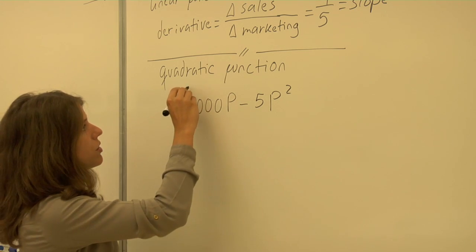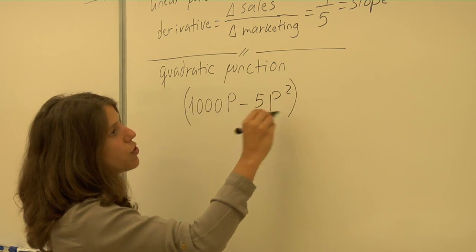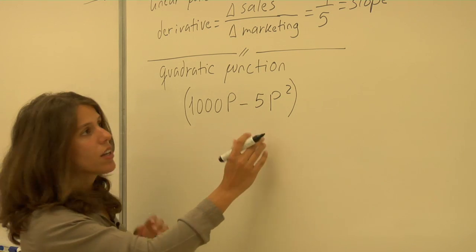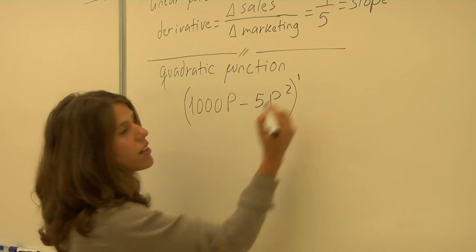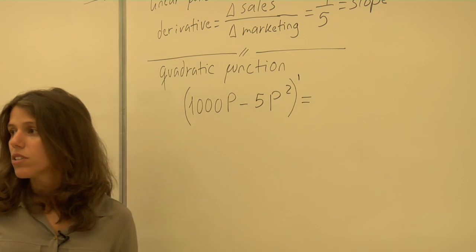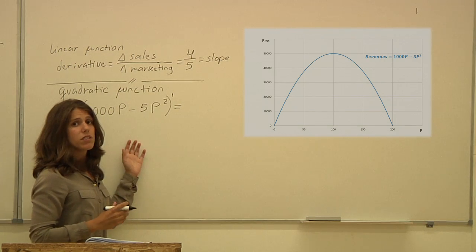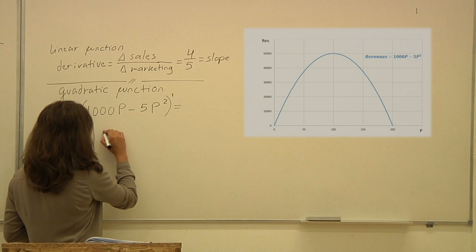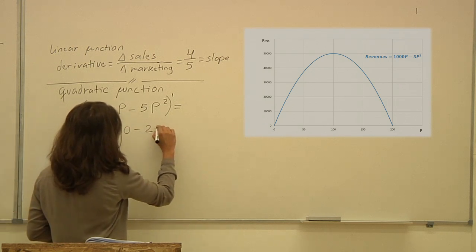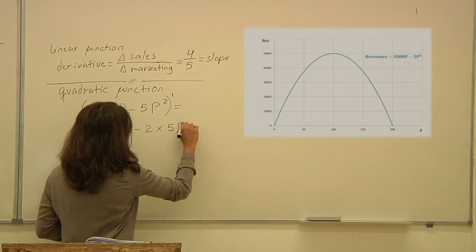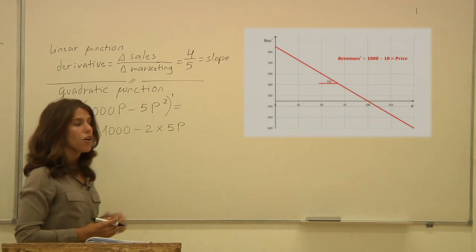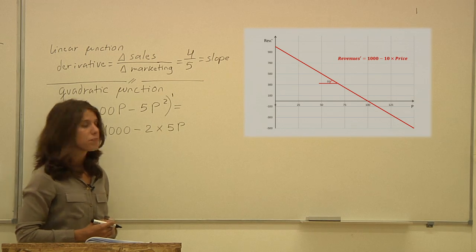In order to do the derivative, we usually put parentheses around the expression and include a prime. So applying the derivative rules of the polynomials, you can see that the derivative is equal to 1000 minus 2 times 5p. And this is the graph of this derivative.